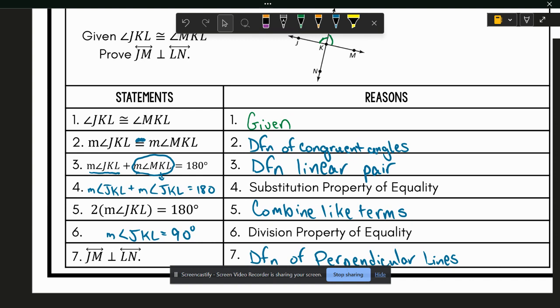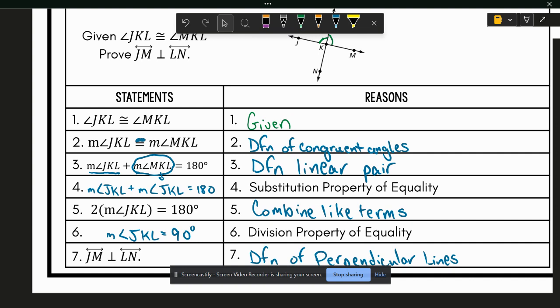The only difference here is you have to start with your given. You have to somehow find mathematically through geometry what you're proving, which in this case, we go from those 2 angles being congruent to the 2 lines being perpendicular through geometry. That's where it gets difficult, guys, because you have to remember all of the different geometry terms.